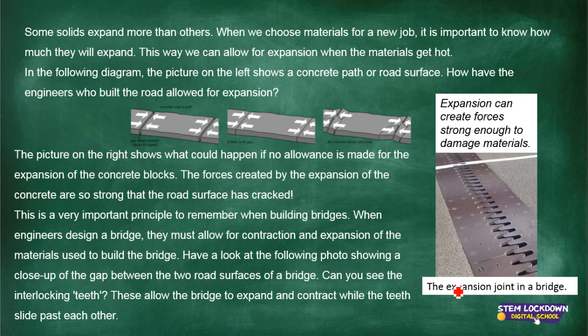Have a look at the photo showing how the gap on the bridge is closed. This plate has interlocking teeth, and the interlocking teeth allow for expansion and contraction, because the teeth slide past each other.